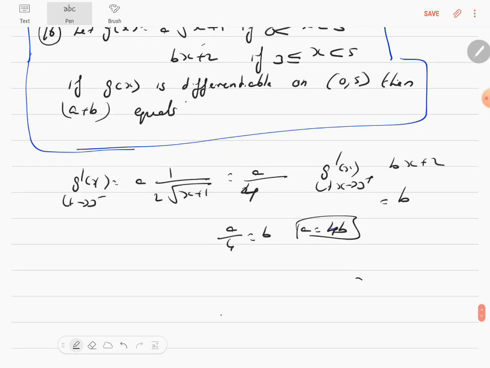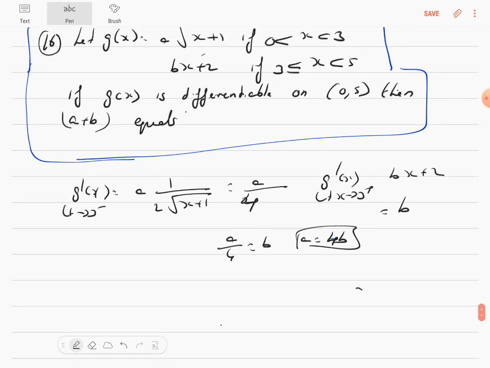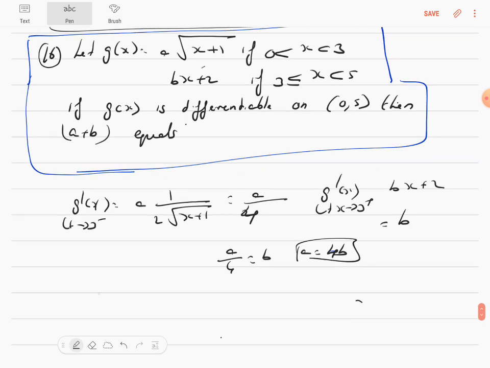But you have to find a relation for a plus b. So the best thing is, every differentiable function also has to be continuous. So let's do the continuity between left side and right side. Left hand limit at 3 and right hand limit at 3 should be equal. So a into root of 3 plus 1 should be equal to b into 3 plus 2.